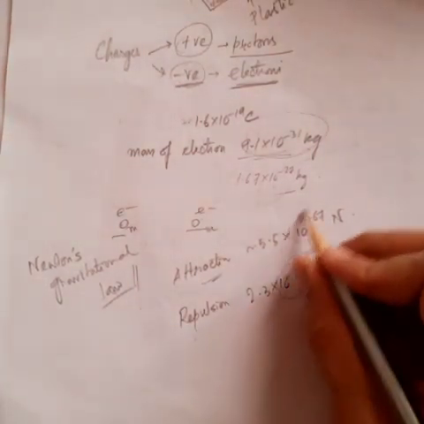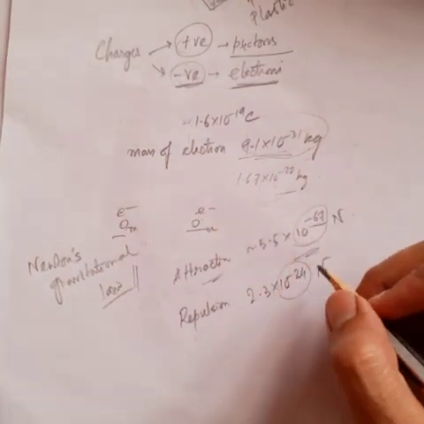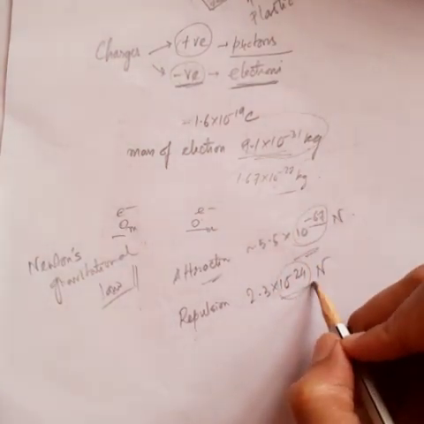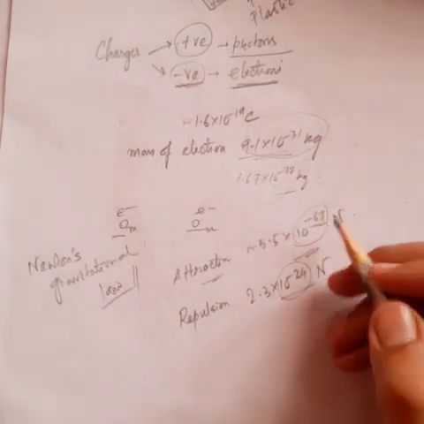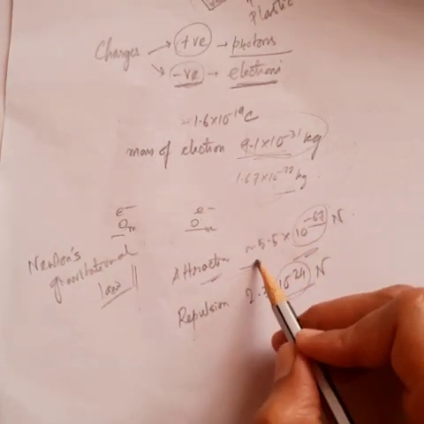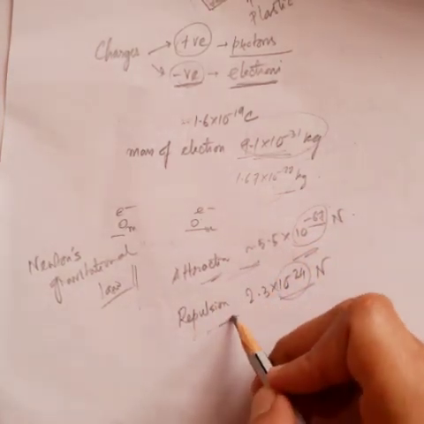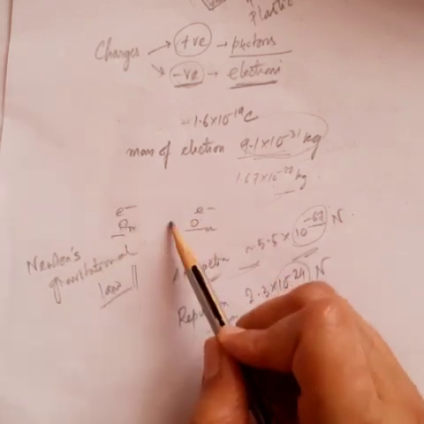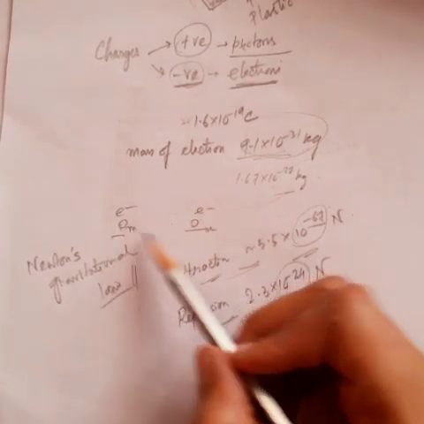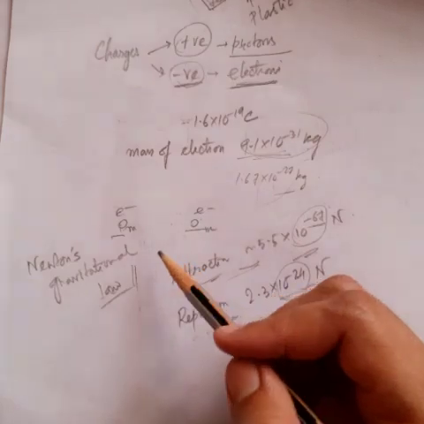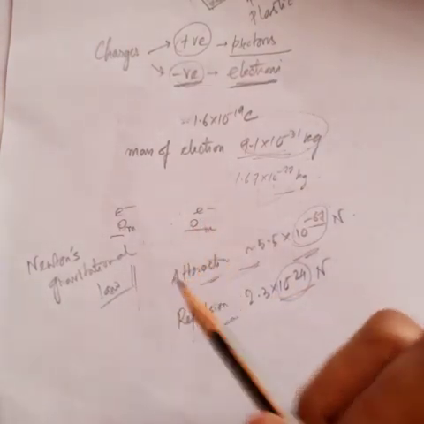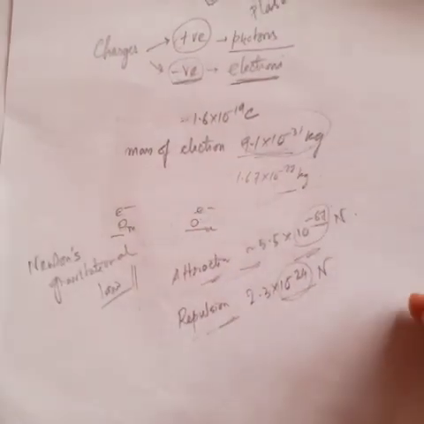Observe the orders carefully. This is 10 to the power minus 67 and this is 10 to the power minus 24. So this is a quite smaller number. Therefore the attraction is quite weak compared to the repulsion. Although they are attracting each other due to the gravitational force, their repulsion due to the electrostatic force is quite dominant, and that is why the electrons are ultimately repelling each other.